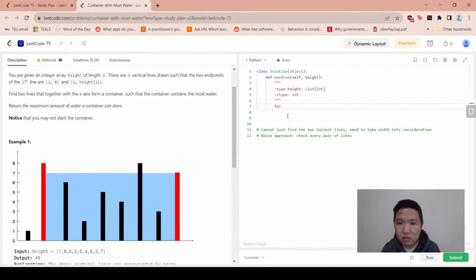So for left, and we know this already. So we know that for loops in Python, we can use range.